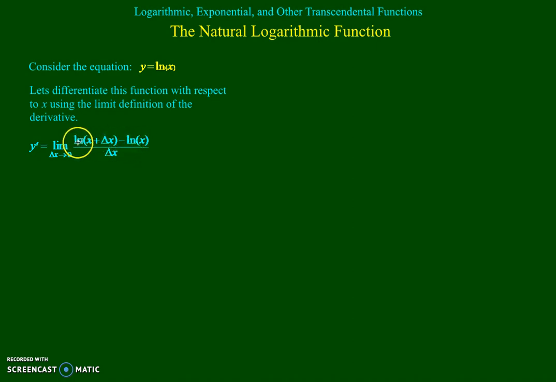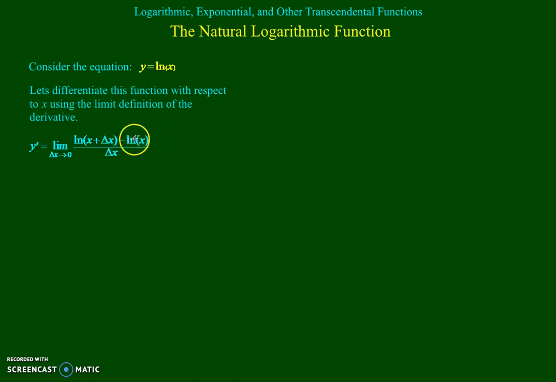Now, what we're going to do first is make use of one of the properties of logarithms. Notice we have the ln of some value minus the ln of another value. So this is ln of a minus ln of b. If you remember, the quotient property said that ln of a minus ln of b is equal to the natural log of a divided by b.